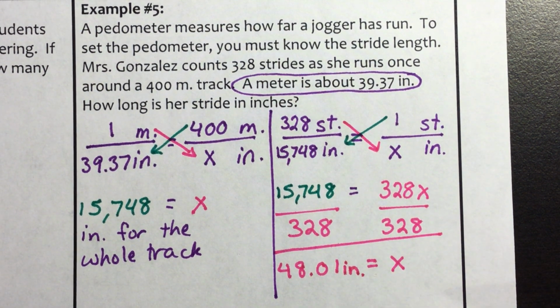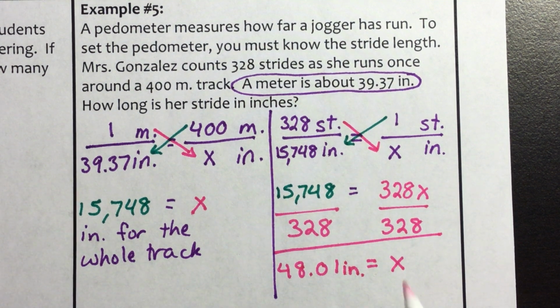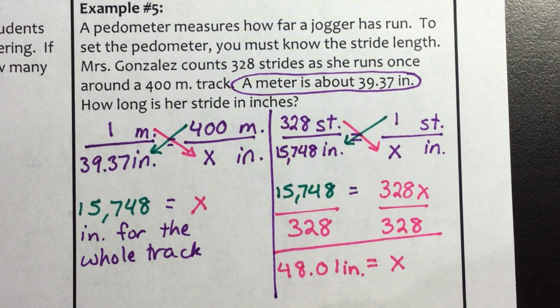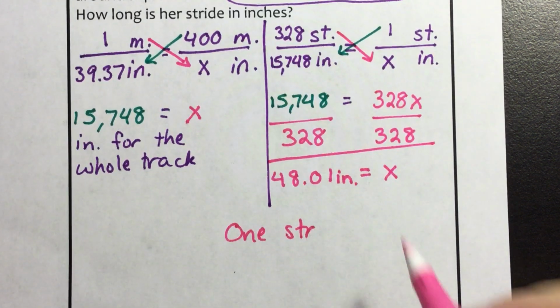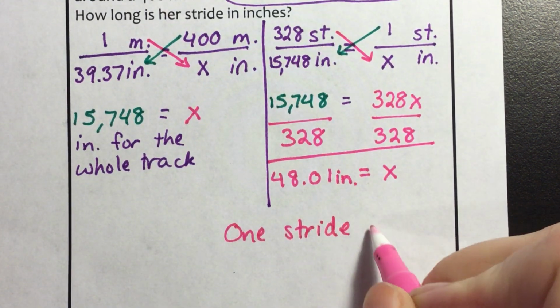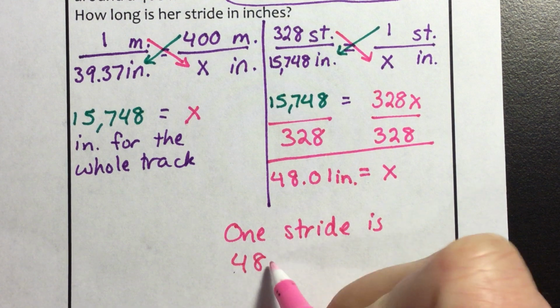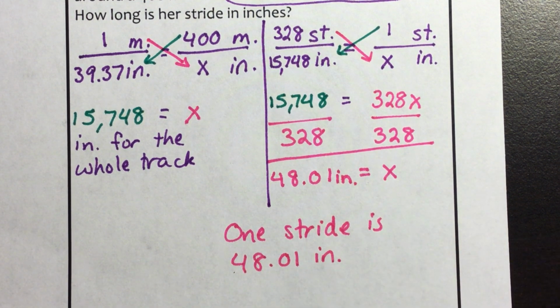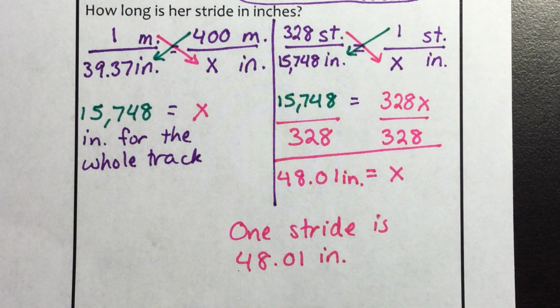Okay, so Mrs. Gonzalez's stride is about 48 inches, which is 4 feet. That's pretty impressive. Good job, Mrs. Gonzalez. So one stride is 48.01 inches, and that's what she should set her pedometer up to.